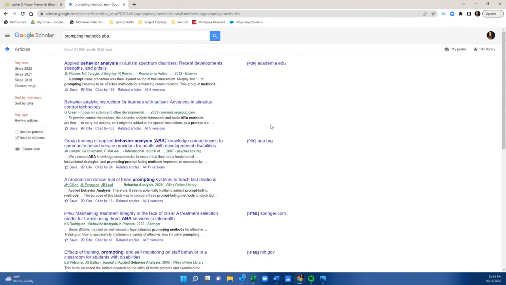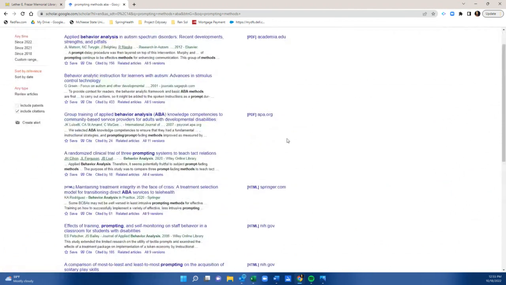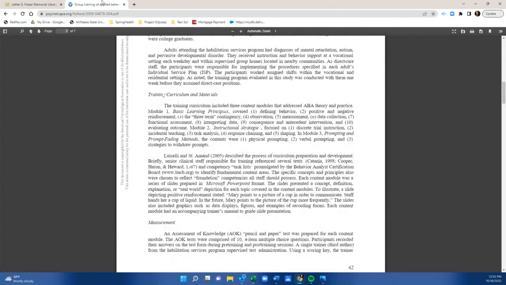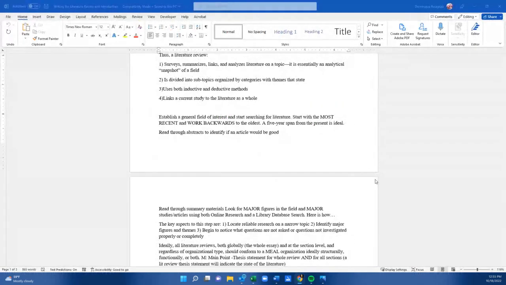With Google Scholar, it also finds articles that have been published in a peer reviewed journal. Some of these are free, and you'll know they're free if you have access to the PDF. So those are a couple of ways, but I'm sure y'all knew that already.